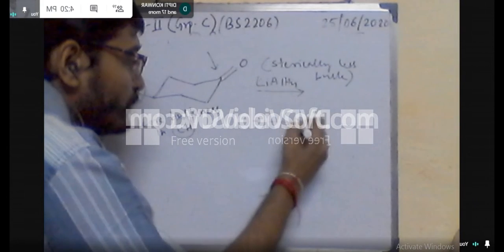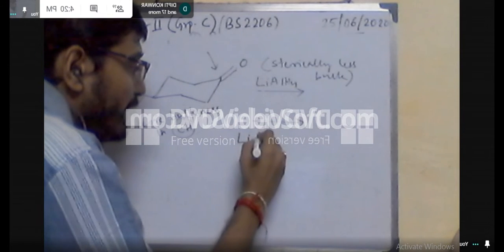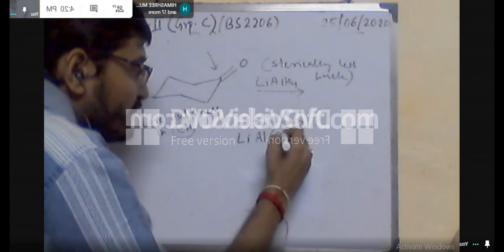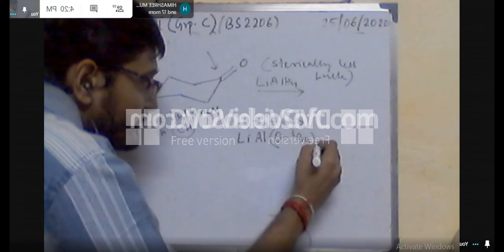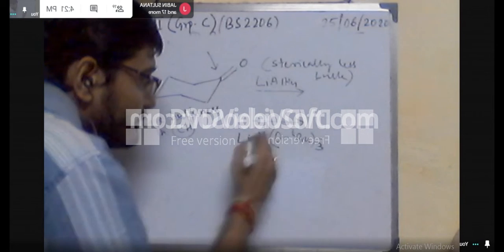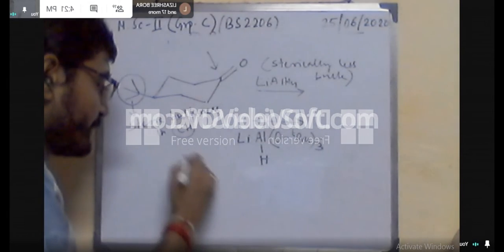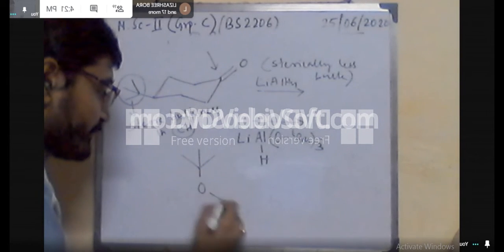So the steric repulsion between this group and this reducing agent will be less, because it is the less bulky reducing agent. So that means hydride can easily attack here.